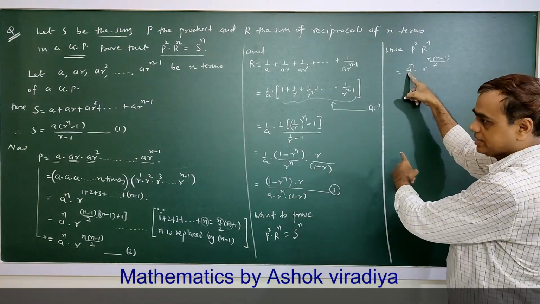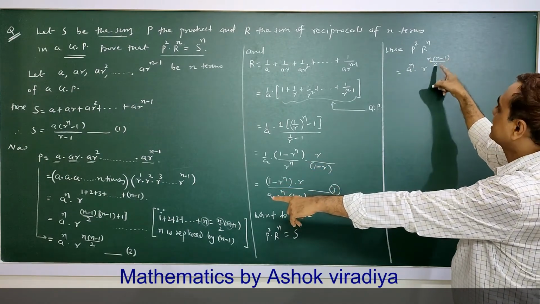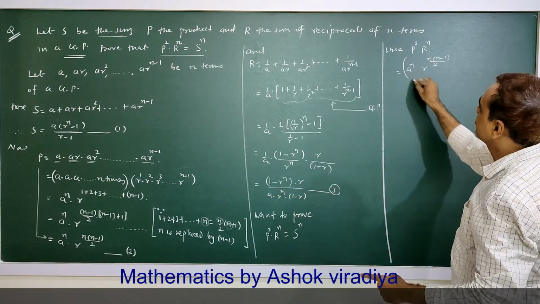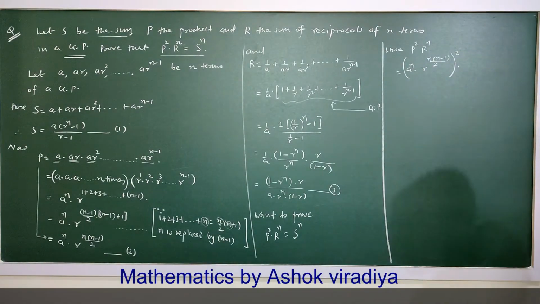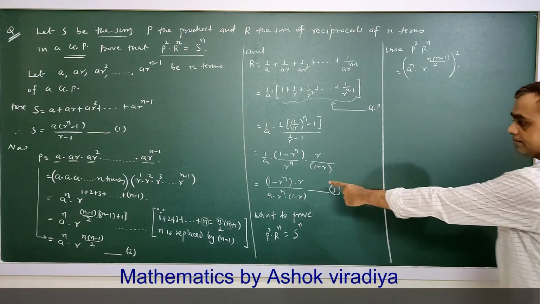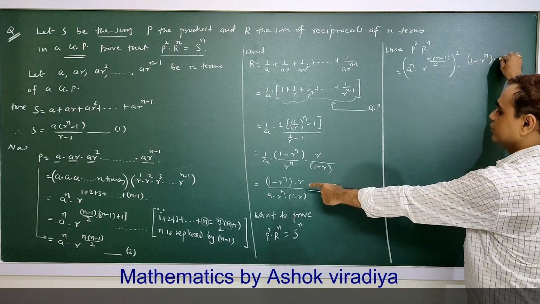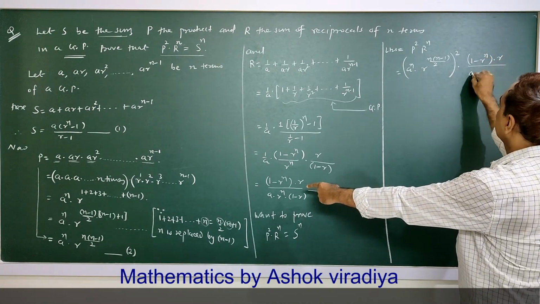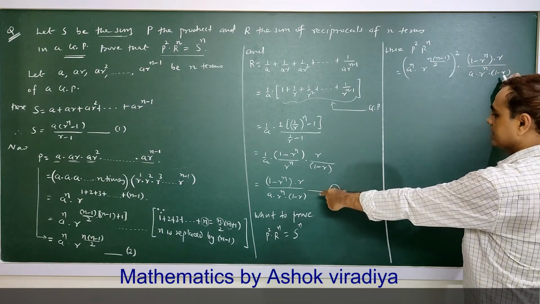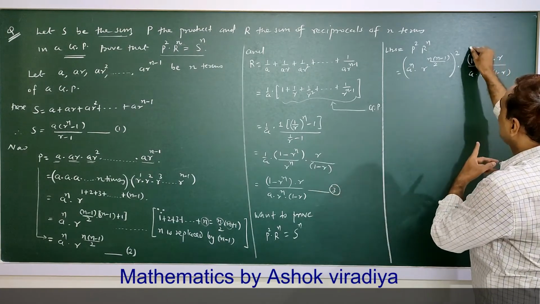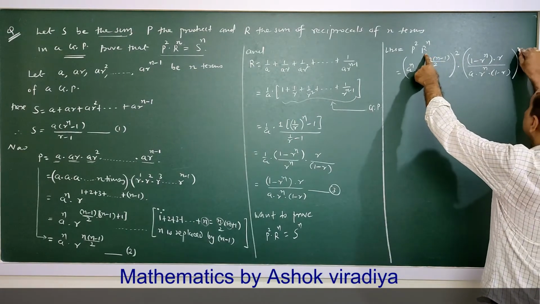This is P. So this is the value of P. So P square into R raised to n, where this is R, 1 minus r raised to n into r upon a into r raised to n into 1 minus r. This is the value of capital R and it has power n.